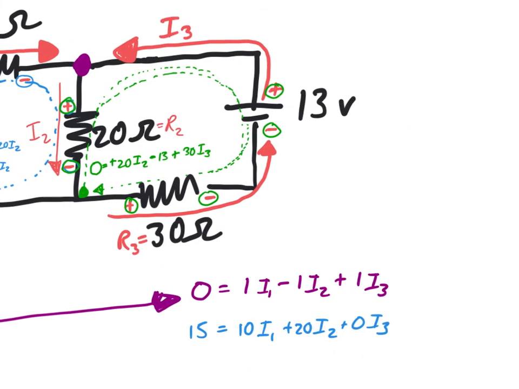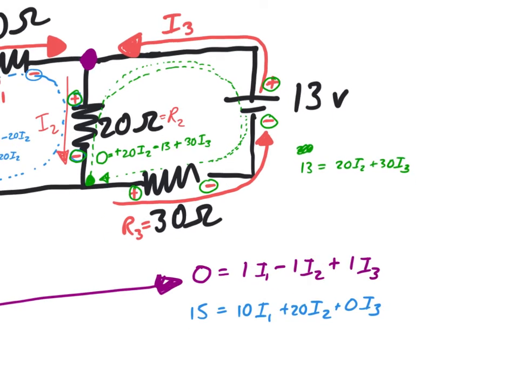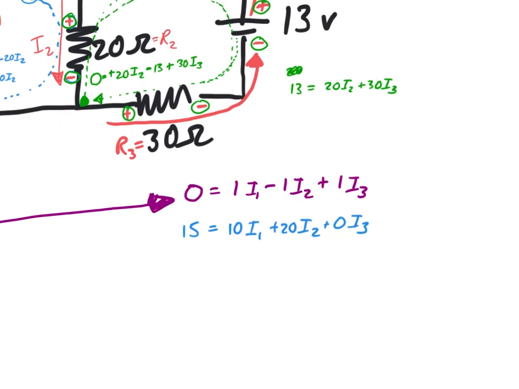I can rewrite this as 13 is equal to 20I2 plus 30I3. Or, for my equation down below, 13 is equal to 0I1 plus 20I2 plus 30I3.